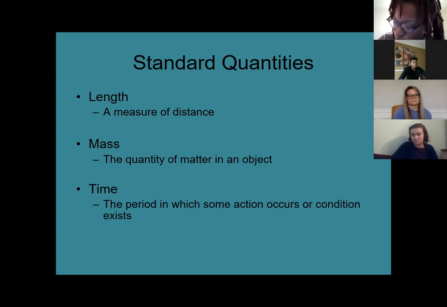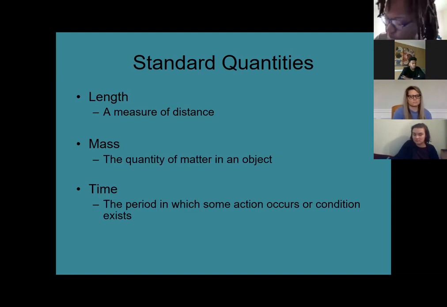And time is the period in which some action occurs or some condition exists. So if we said we took an X-ray exposure that lasted 0.1 seconds, our exposure existed for 0.1 seconds, so that's the time. So the standard quantities are length, mass, and time.